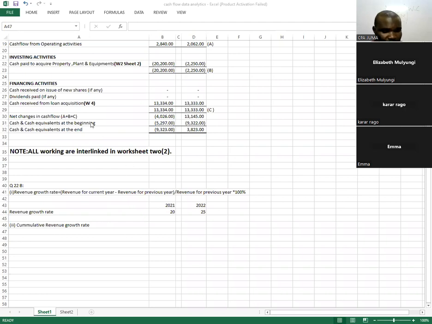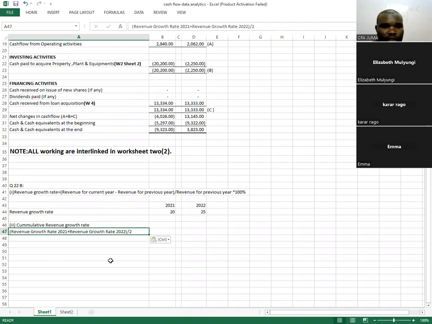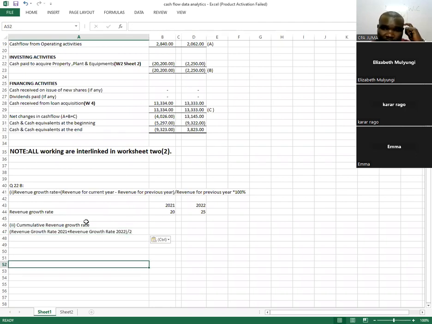Hiyo copy mliambiwa ni control C, ikuja hapa ni control V. That is how we calculate it. So you take revenue growth rate 2021 plus revenue growth rate 2022 divided by 2.